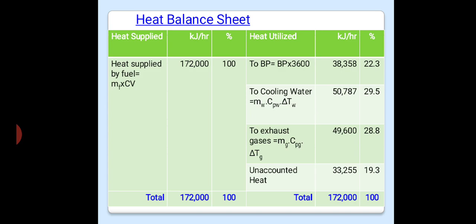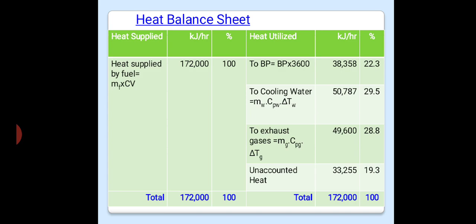Unaccounted, we take the difference of the heat supplied by the fuel minus bracket BP plus cooling water plus exhaust gases, bracket complete. In this way we have calculated unaccounted heat losses 33,255, which is by percentage 19.3.